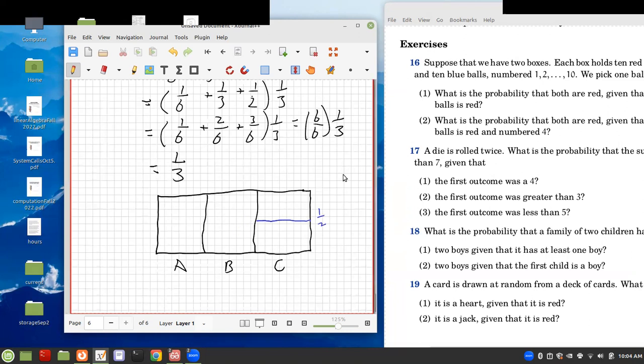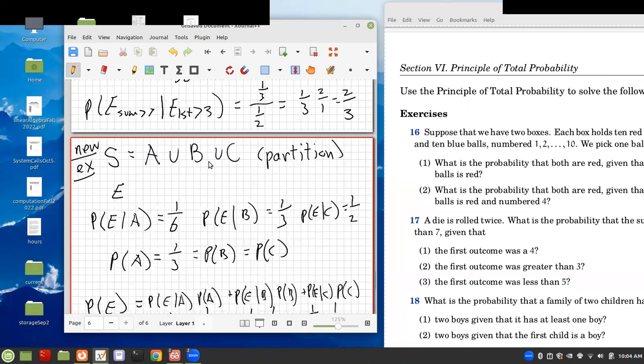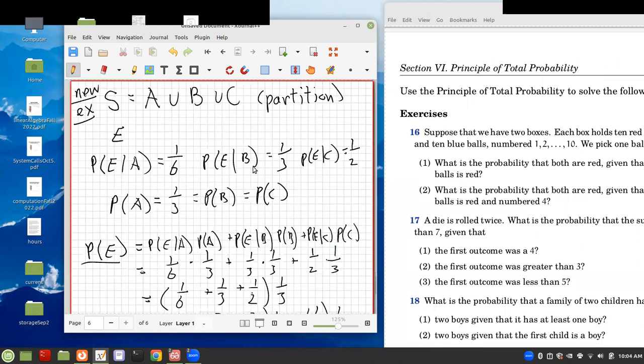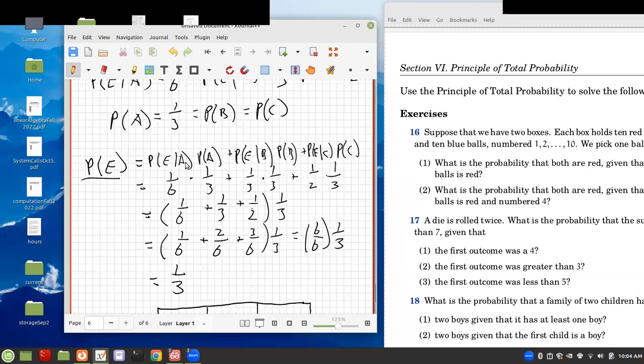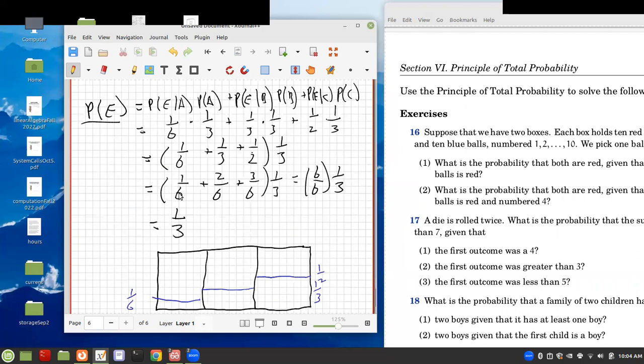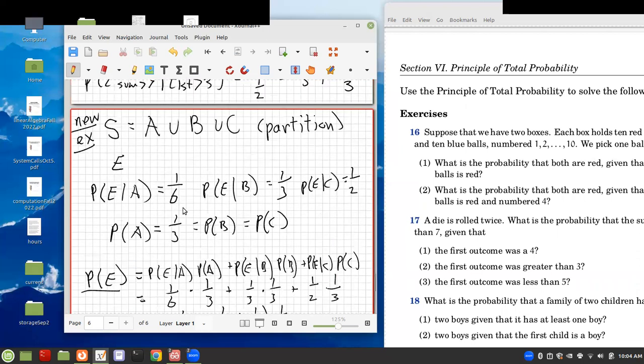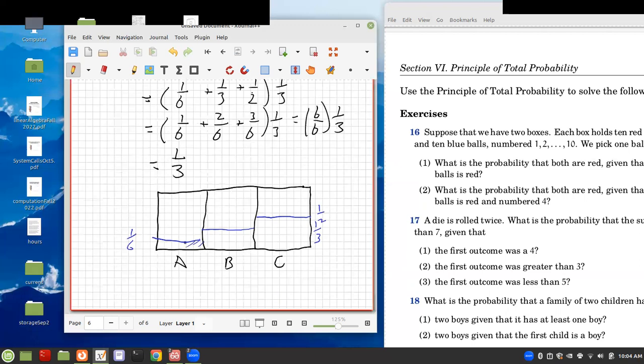But then in B, it's 1/3. So given that it's B, you're down at the level of 1/3, but then down over here, this is 1/6, because given A, the probability that E occurs is 1/6. So blue is E.